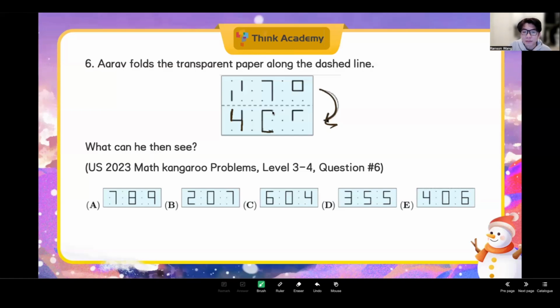This whole line you just need to draw. This is a unit square in the second and third rows, so when you put it down, it's also a unit square in the second and third rows. You can see exactly 4, 0, and 6, so what you can see is option E. Option E is the correct answer.